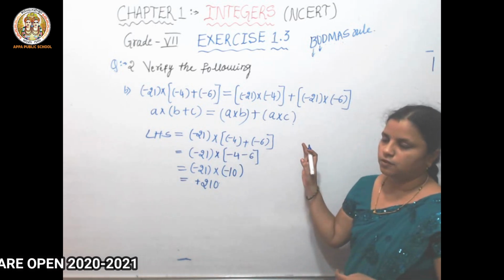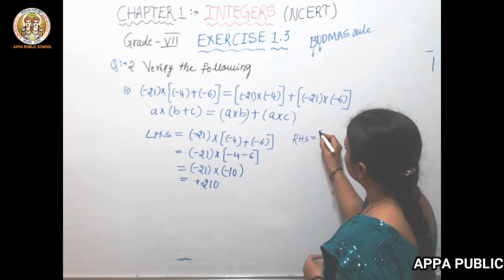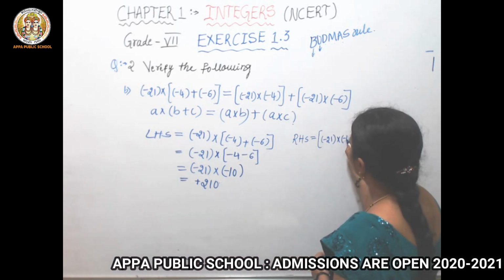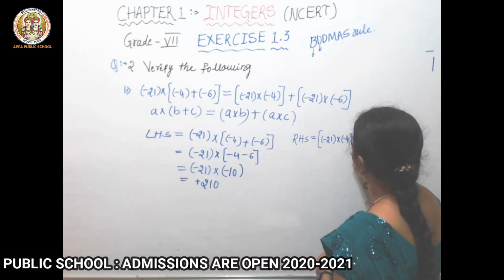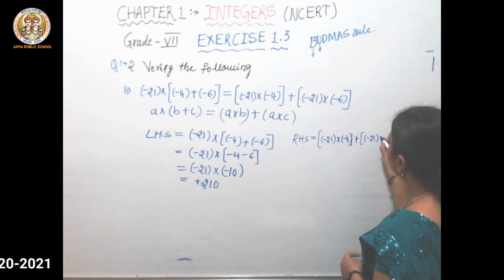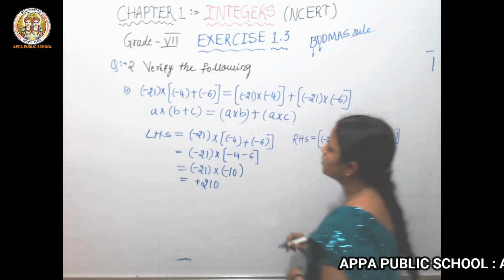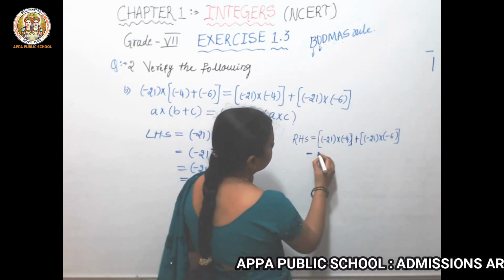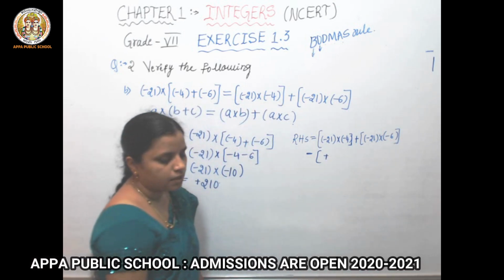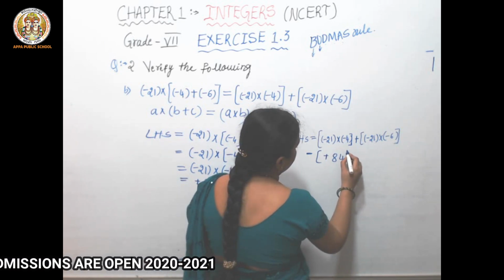And I am solving here the RHS part. The RHS is minus 21 into minus 4 plus minus 21 into minus 6. Now solve this one. Minus into minus is plus, and 21 into 4 is 84.